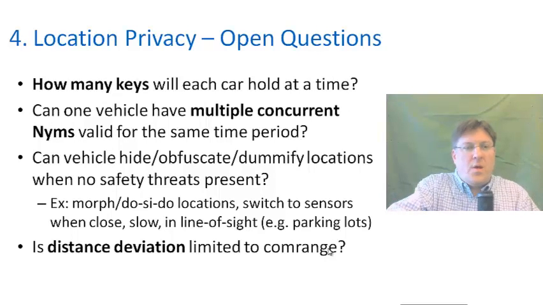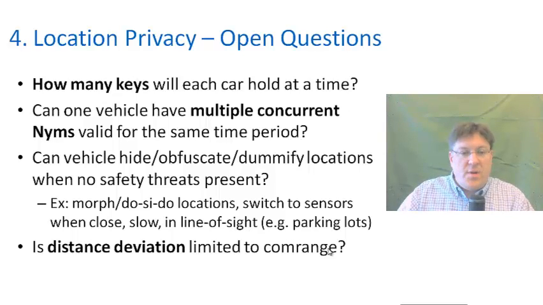So, location privacy open questions. How many cars will each key hold at a time? Can one vehicle have multiple concurrent pseudo IDs that are valid over the same period? That way they could possibly change from one to the other. But of course that raises the question of what happens if they use both. Then the other one would be, if a vehicle is not in range of any other car, a safe distance from everybody, maybe they could morph their location with somebody, fake it out.